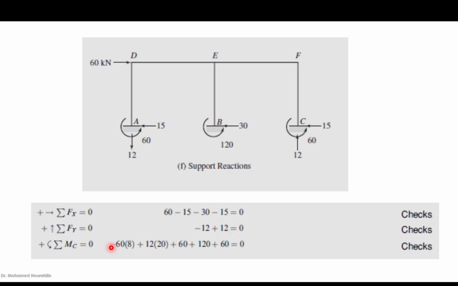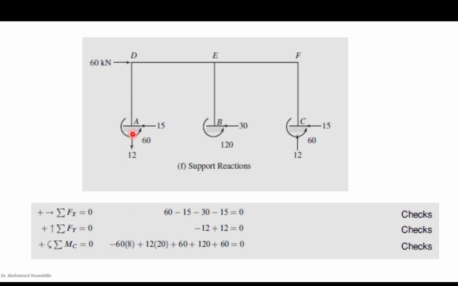The last one is that the summation of moment at any point should be 0. So we're going to choose MC, which is at point C. If we take counterclockwise to be positive, then at point C, we're going to find that the 60 is making negative moment. 60 times this distance, which is 8, minus 60 times 8 here.